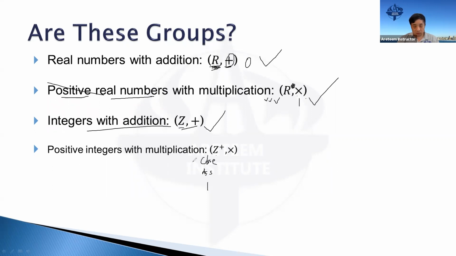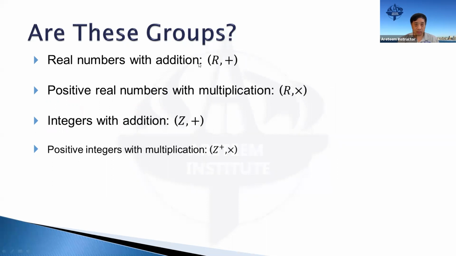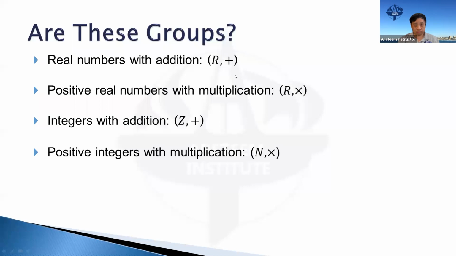And inverse, oops, there is no inverse for anything other than 1, so that's not a group. The actual operations are not so important, but you need to check if this works. Those are the clear things about groups. I should actually say positive integers with multiplication.